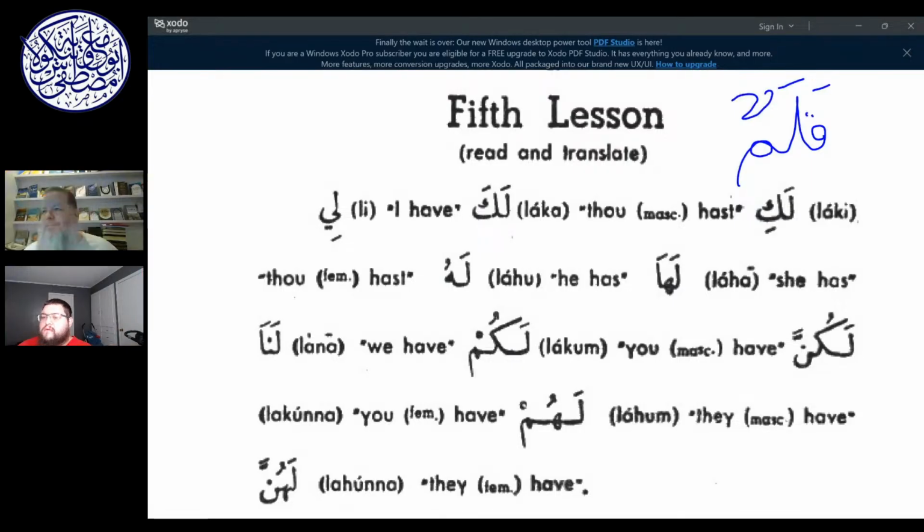A pen. Right? Yeah. Li qalam. Laka qalam. Laha qalam. Lahu qalam. And you start to make sentences. He has a pencil. She has a pencil. I have a pencil. You have a pencil. I have a house. You have a house. You have a dog. He has a dog. You understand what I'm saying? Yep.